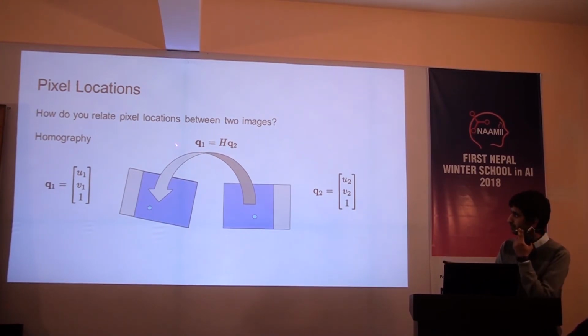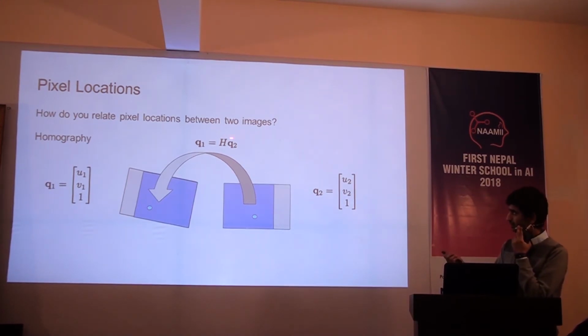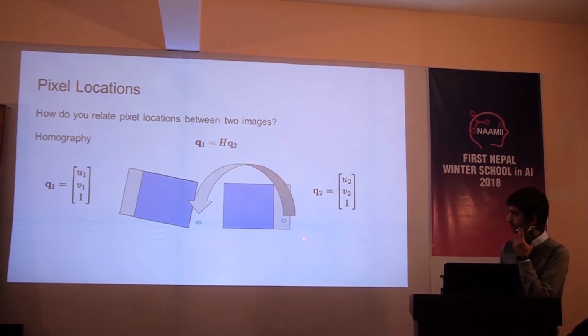So you get 2 equations from here, and if you have 4 points, you'll get 8 equations. And then you solve as we normally do in linear algebra. This will give you H. Then you just transfer this point using this H here, along with the pixel value or pixel intensity. Then you have stitched 2 images into one.